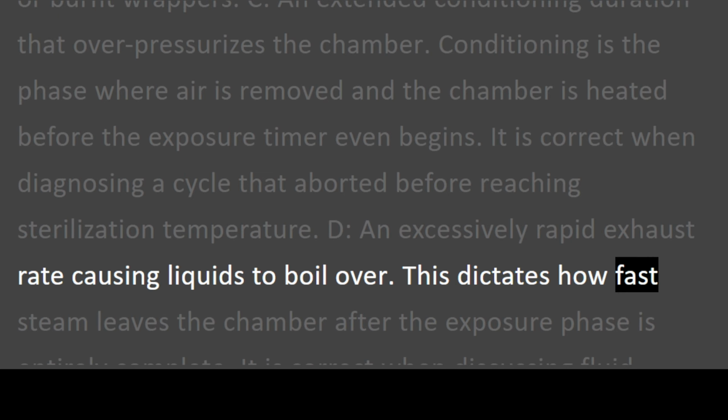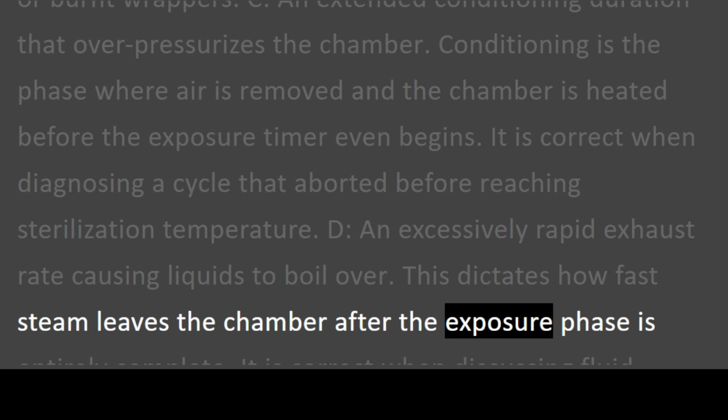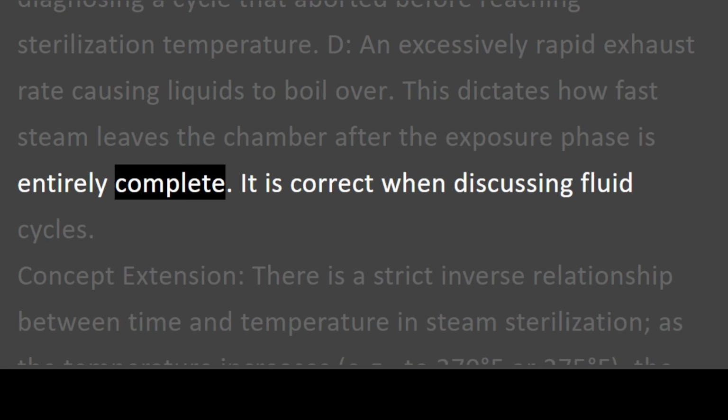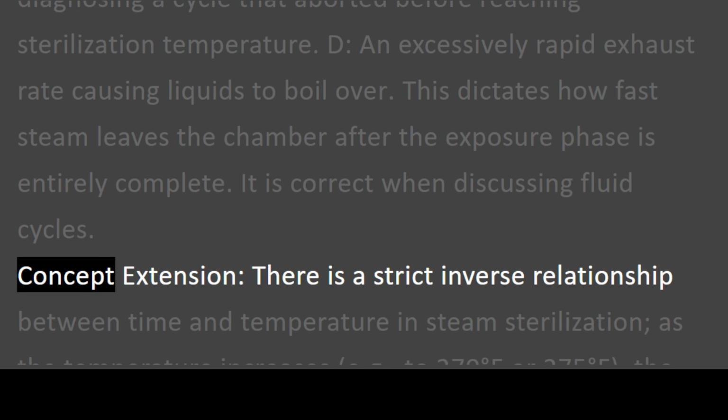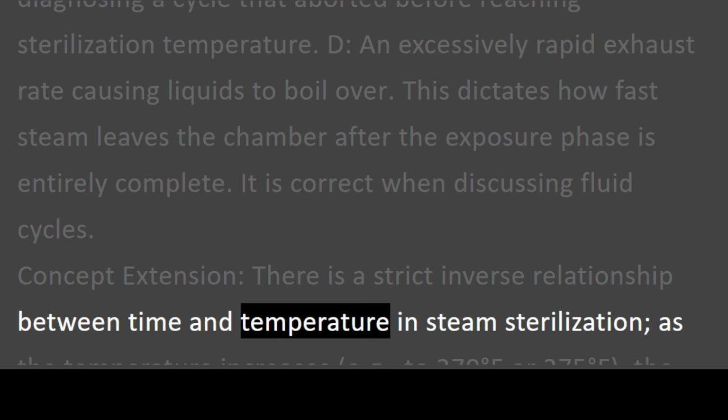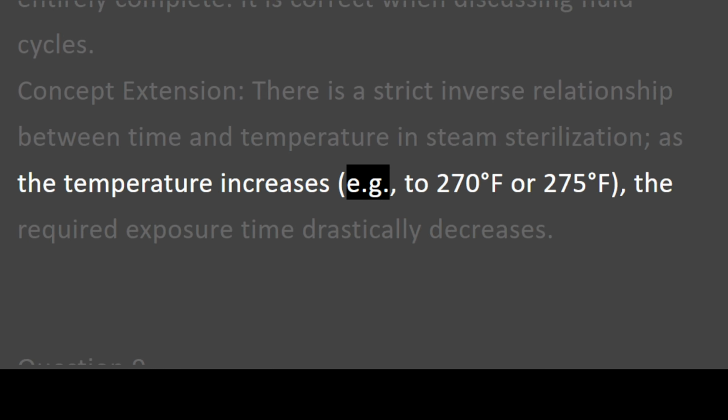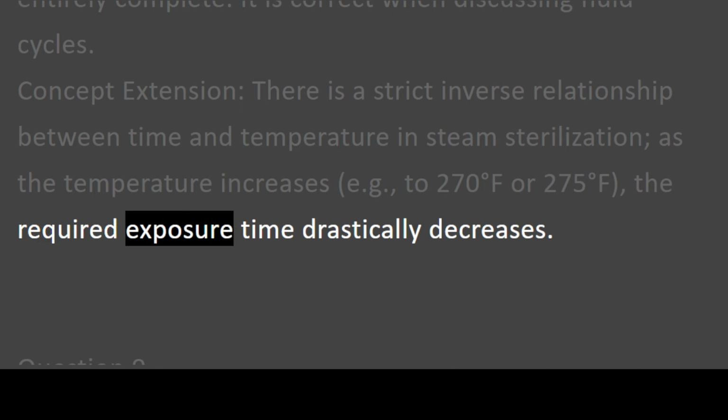This dictates how fast steam leaves the chamber after the exposure phase is entirely complete. It is correct when discussing fluid cycles. Concept extension. There is a strict inverse relationship between time and temperature in steam sterilization. As the temperature increases, e.g., to 270 degrees Fahrenheit or 275 degrees Fahrenheit, the required exposure time drastically decreases.